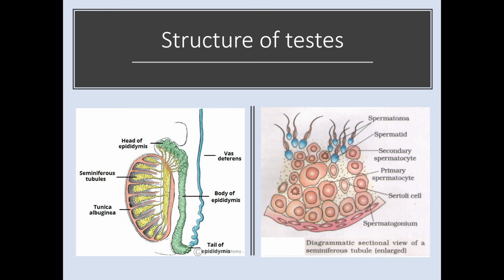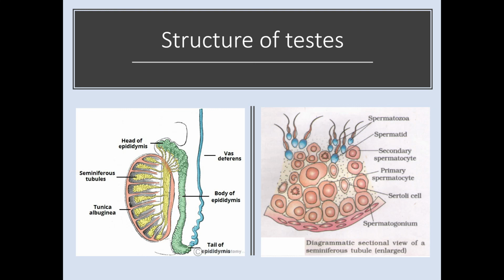The head of the epididymis is directly attached to the rete testis, which is a network of seminiferous tubules. These are present in the septa of the testes, covered by a protective layer, the tunica albuginea.